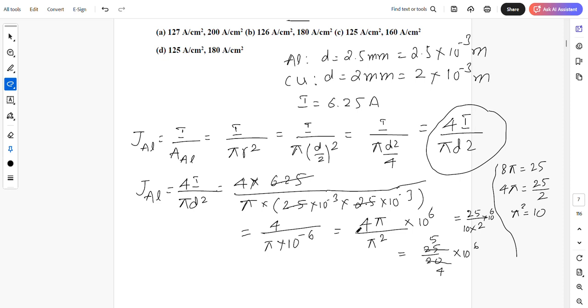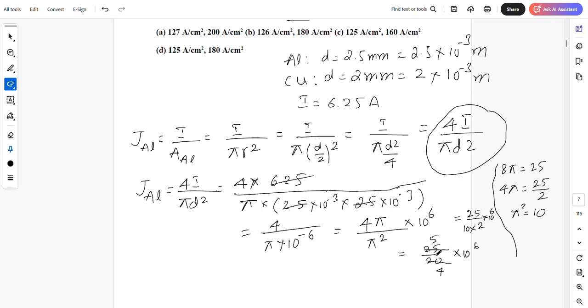Now here you have to be careful while calculating the current density of aluminum. Once again I will tell you. 4 by pi, you are going to get approximately 127. Here I have multiplied pi and pi, that is 4 pi by pi square. Understood? 4 pi is 12.5, that's 25 by 2.